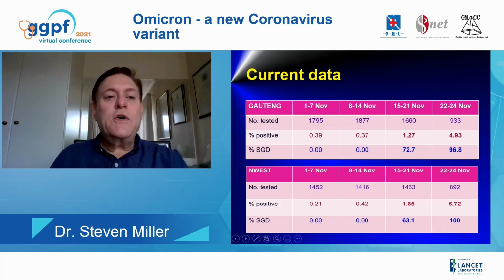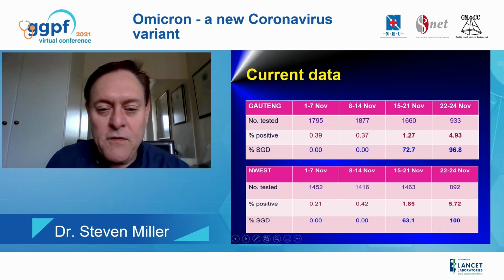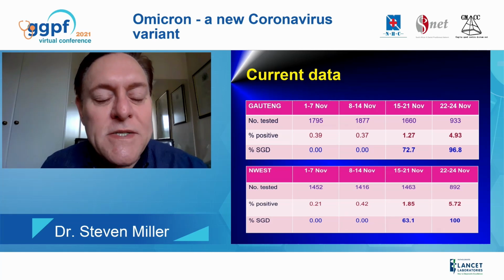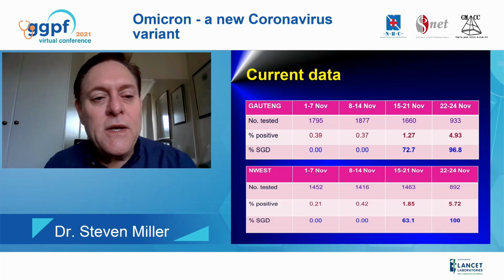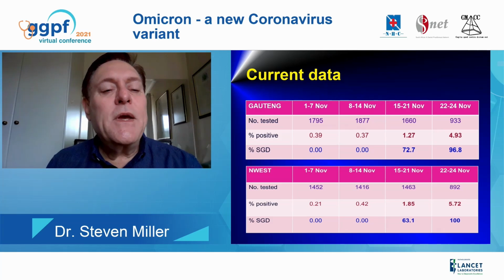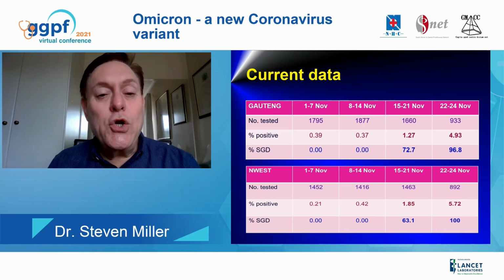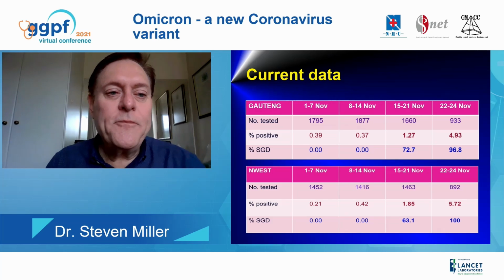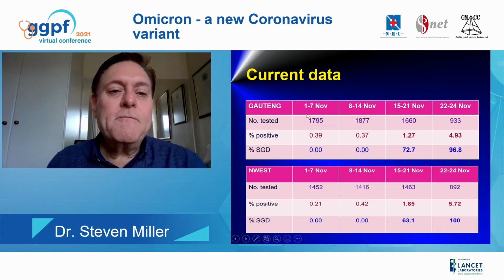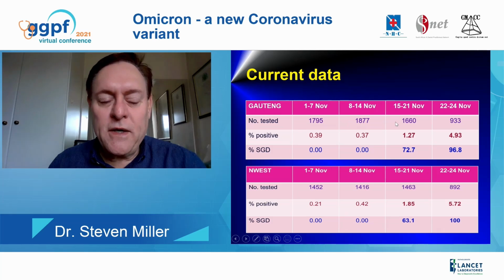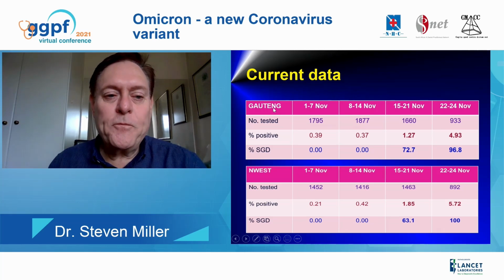So I'm going to finish off showing you the current data that we have. And it's not comprehensive for the entire country because I can only give you data for those regions in which our labs have specifically looked for this genome. Here's Gauteng. And what you see on the top line here is the number of tests we've performed in that week in this region.